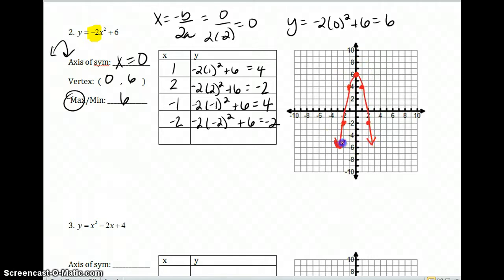Make sure that you have arrows at the end. I will take points off for that. And make sure that you label your vertex. And then also, one more piece of information on the graph. Make sure that you draw in the axis of symmetry and then label it.